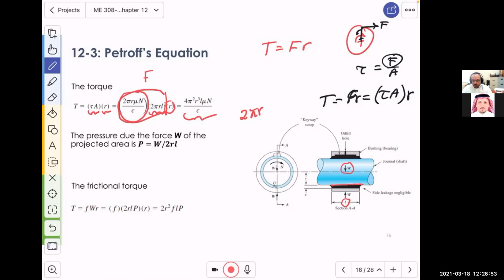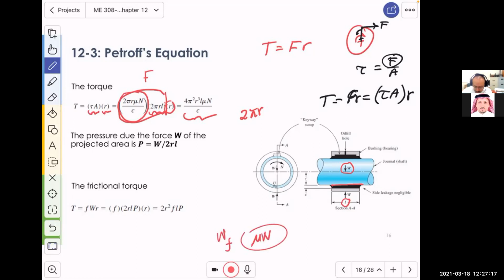Because the friction force is, do you remember, mu n, the normal force. Now, this is a normal load, W. So the normal load down will be W. So if I multiply that by the coefficient of friction, I get WF.